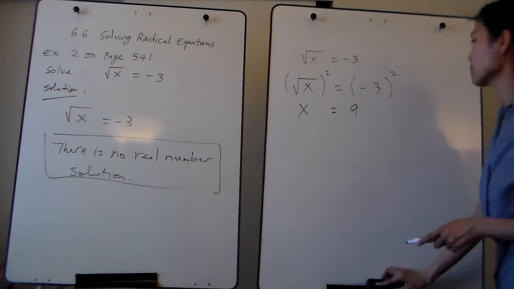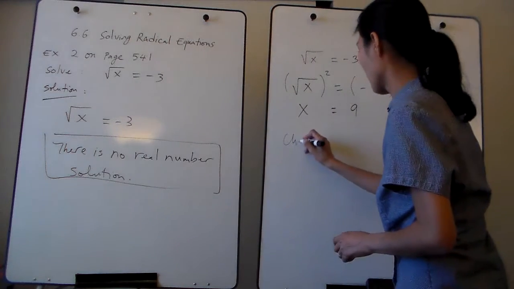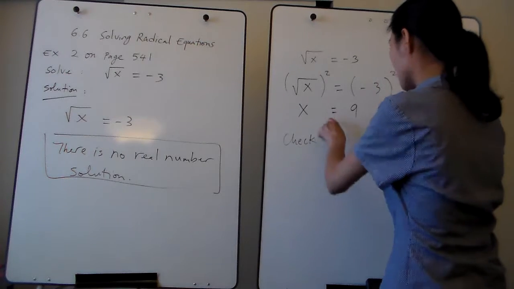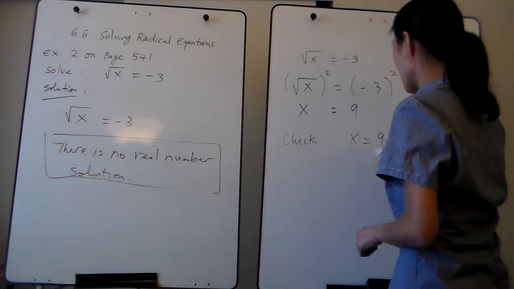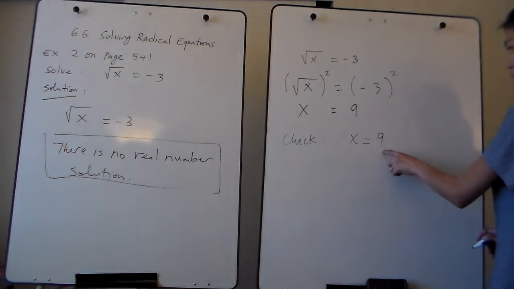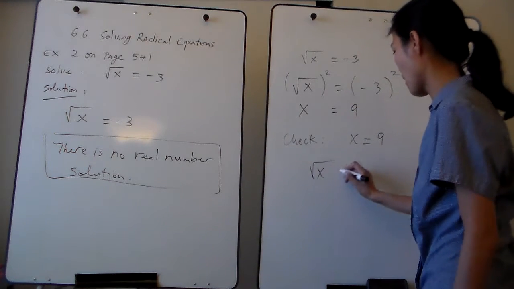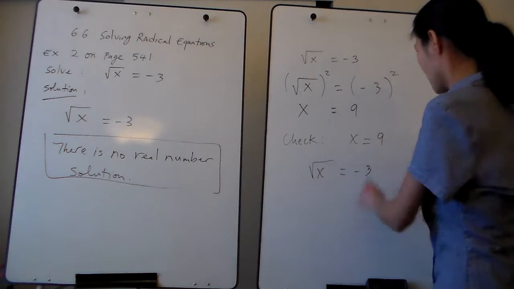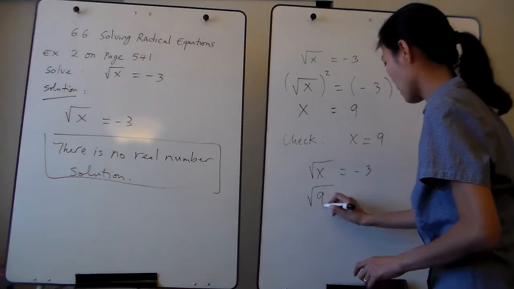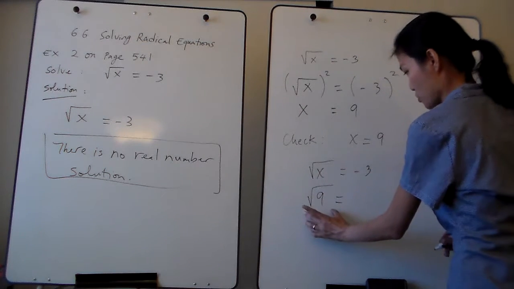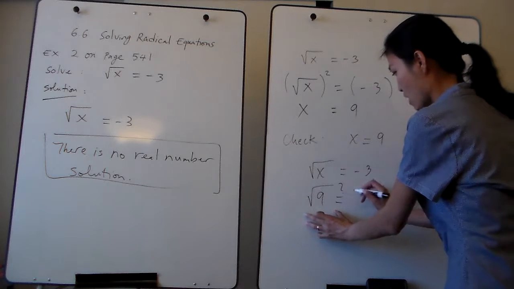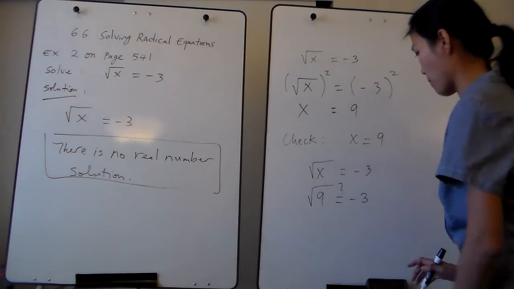Next, we're going to check this solution x equal to 9, and we're going to substitute 9 into the original equation. Substituting 9 here, we don't know if the left hand side is still equal to the right hand side.